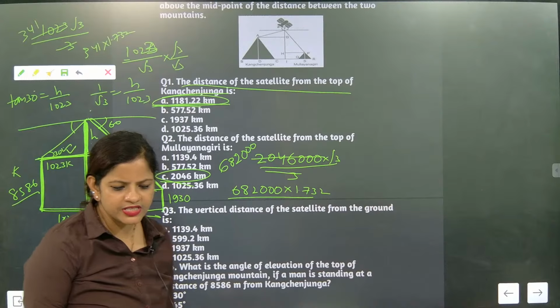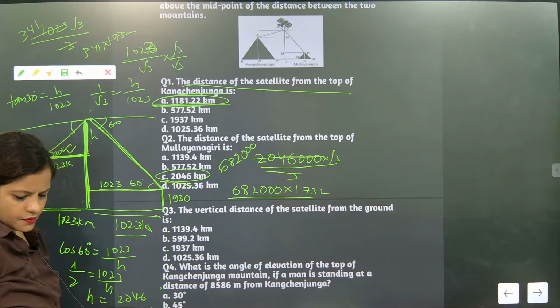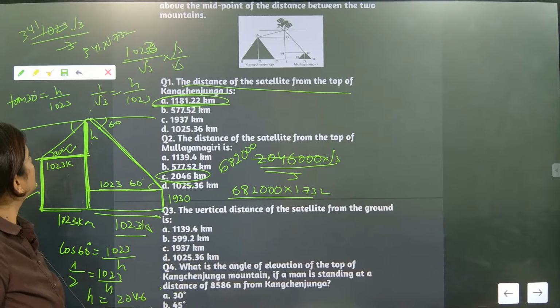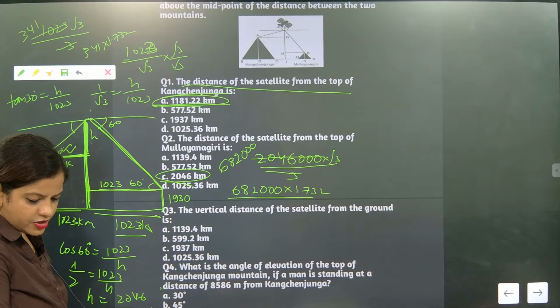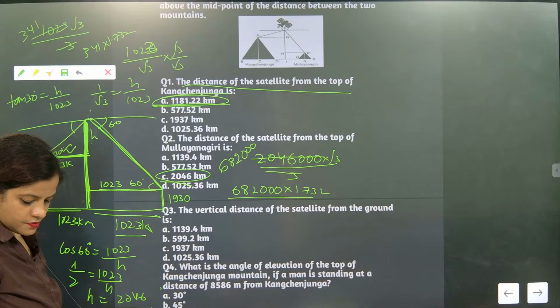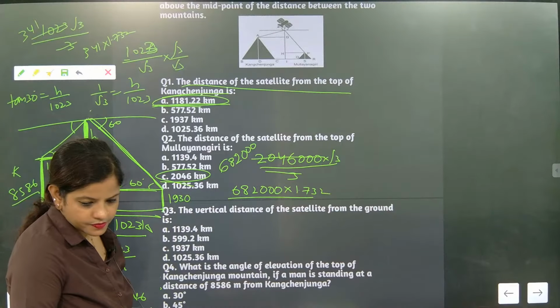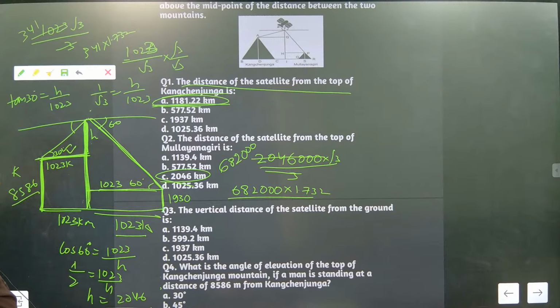341 into 1.732. Come on, go for it. Option is coming as?